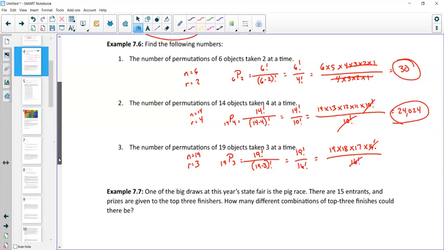The 16 factorials cancel out, and I end up with 19 times 18 times 17, which is 5,814.